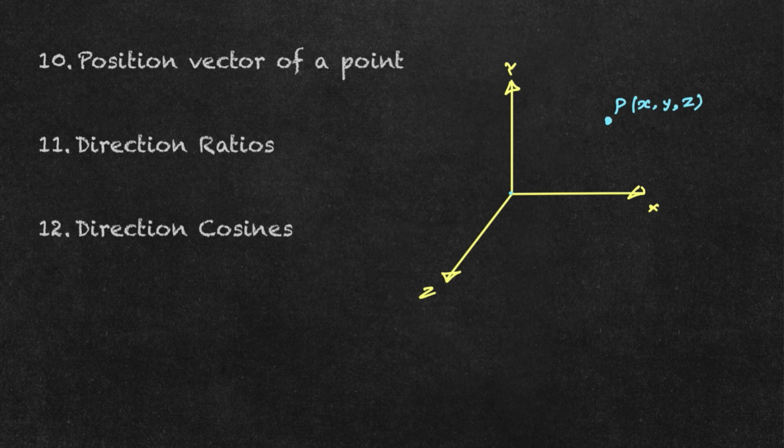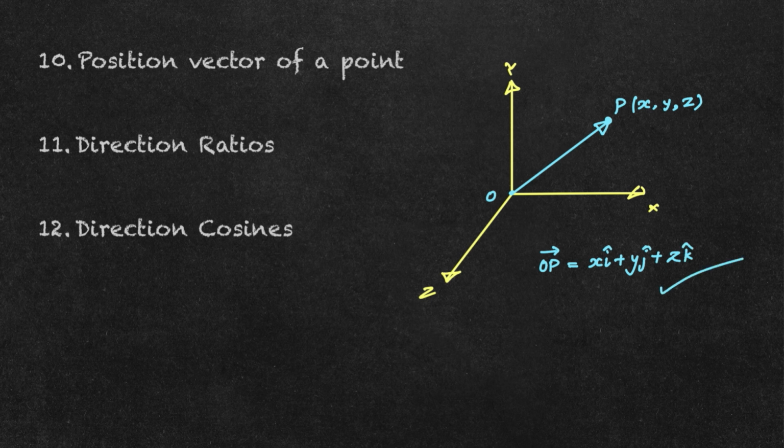And we know this is the origin, and if I draw a vector from this origin to this particular point P, then the vector represented by this OP vector is called the position vector of this point P. So here the vector OP is called the position vector of point P, and it can be written as x i cap plus y j cap plus z k cap. This is very, very important.